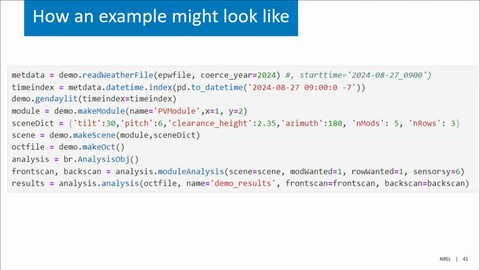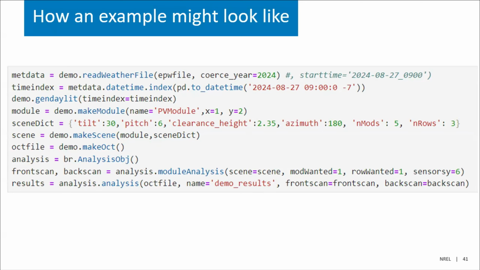This is how the code looks. You read the weather file. Read the weather file, you tell it to do a gendaylit for whatever time you want. The example that I made is for 9 a.m. today. You make a module, as simple as a 1 by 2 meter module.